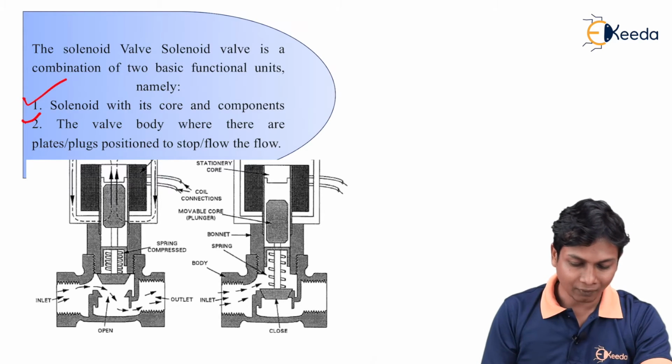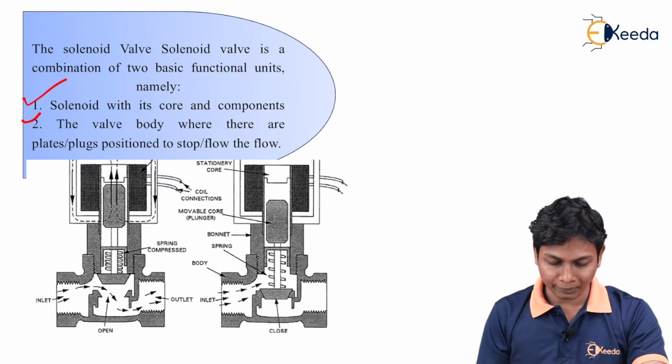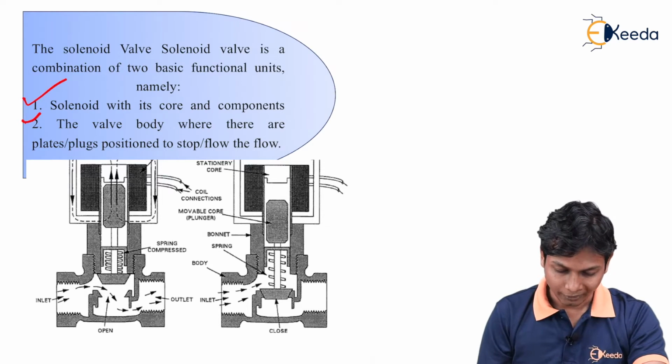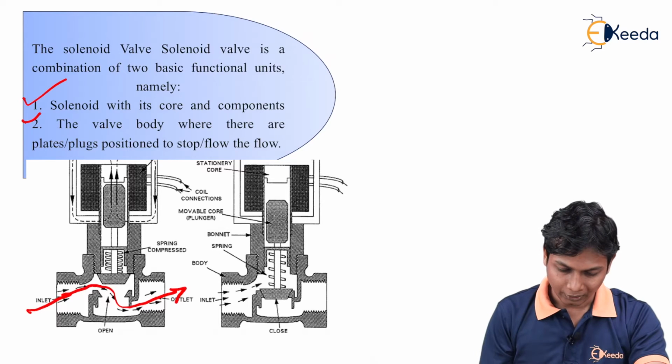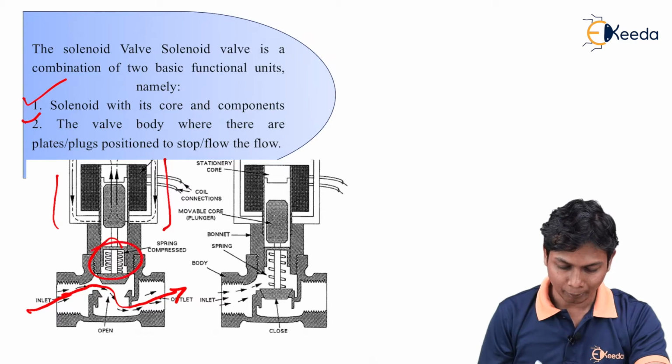Second is a valve body where there are plates and plugs positioned to stop or allow the flow. So here is the input and here is the output. Here is the coil and here is the spring.